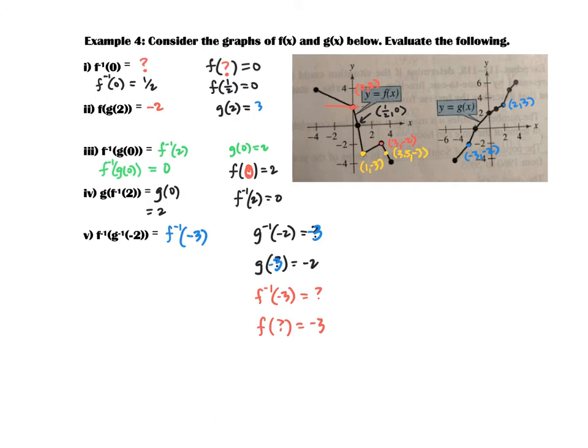Therefore, I could say that this would either be 1 or it could also be 3.5. So that's a very interesting one. But f inverse of g inverse of -2 could either be 1 or 3.5.